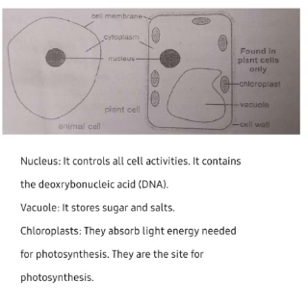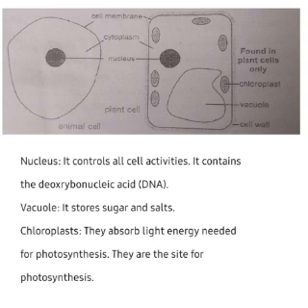It's the chloroplasts. For them, they absorb light energy needed for photosynthesis. So because they're able to absorb light energy needed for photosynthesis, they act as a site for photosynthesis. That's where it takes place. So if they were to ask the function of the chloroplast, you say that they're a site for the process of photosynthesis.